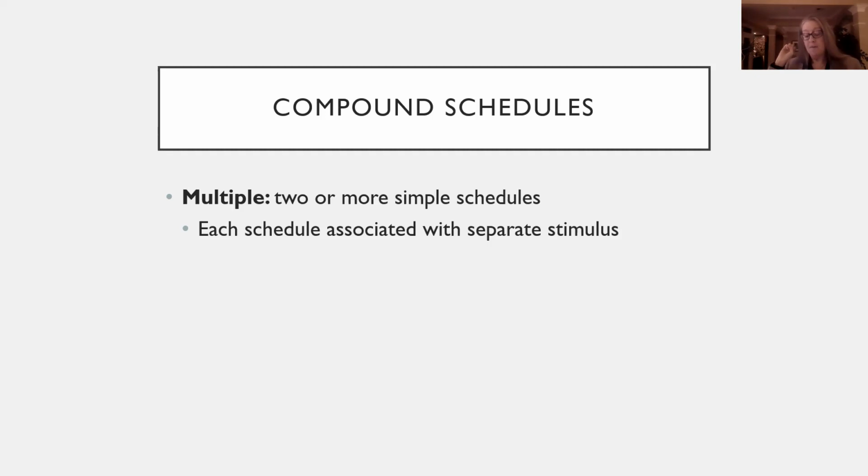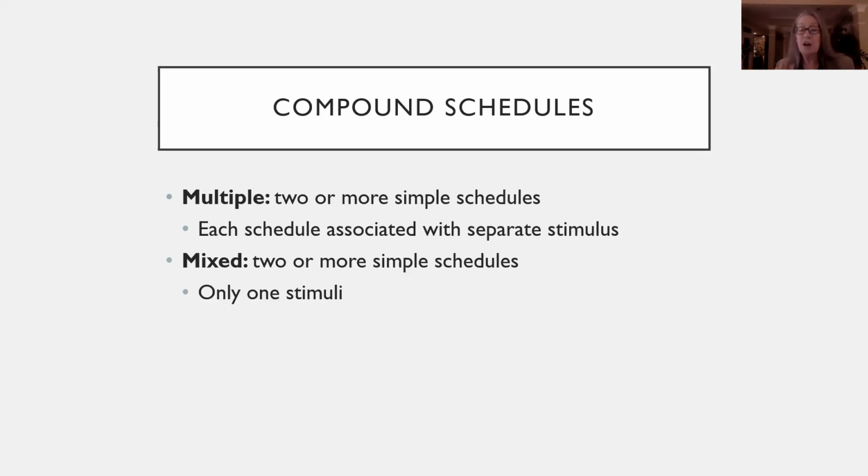But when a yellow light is on, then they're going to be reinforced on a VI3 schedule. So the organism gets some warning, or there's some association of which one is going to be used, so they can alter their behavior accordingly. Okay, so that's your multiple compound schedule.